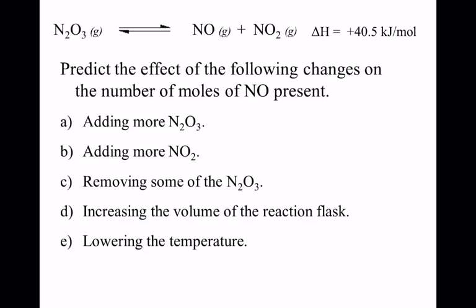I just saw it as the heat, you're adding it to the N2O3, so you're adding it to the reactant side. If you take away heat, that's going to go down, so then the NO would have to go down too. Because the heat goes over into the product side, and so when you take away the heat, there's not as much. Yeah, it kind of pulls it back. That's how I think of it.